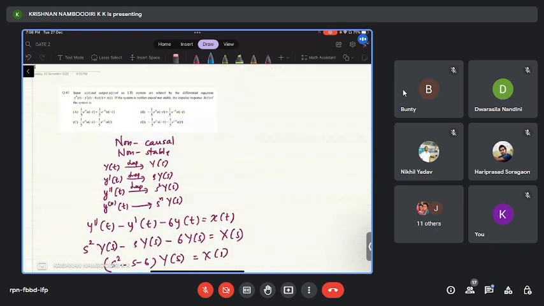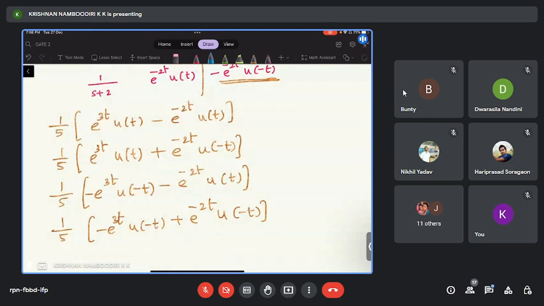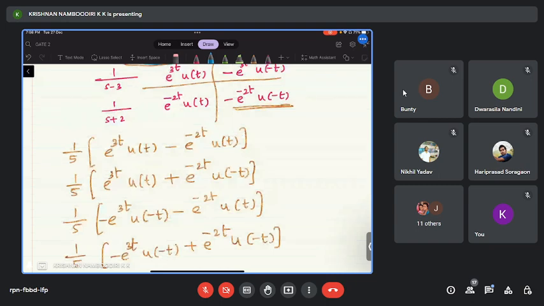It is given that the system is non-causal and non-stable. What does that mean? Non-causal means the signal is not right-sided. It can be either left-sided or of finite duration. And it is non-stable.